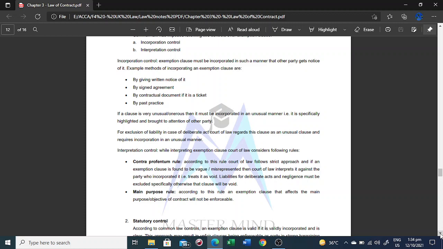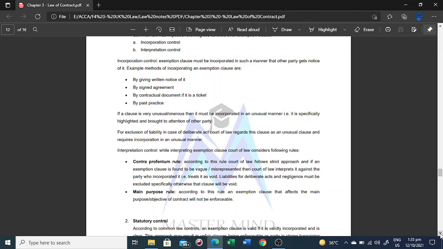Example methods of incorporating an exemption clause include giving written notice to them or making them sign the agreement. So definitely they're going to read it and then sign the agreement. Another way is a contractual document, if it is a ticket, and by past practice, whatever your past practice has been with the other party. Through these ways you incorporate an exemption clause.